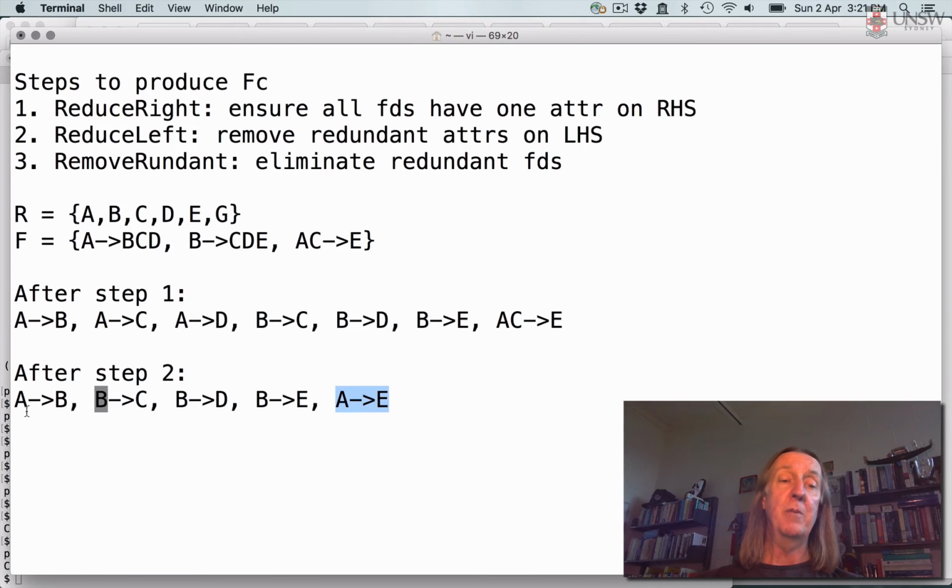You can infer that from the fact A determines B and B determines E. So that would leave us with a set of dependencies that looks like this, and none of those dependencies can be removed without actually changing the closure. So that's the final set of functional dependencies, which actually occurs at the end of step 3. Okay, so that's an example of producing a minimal cover.